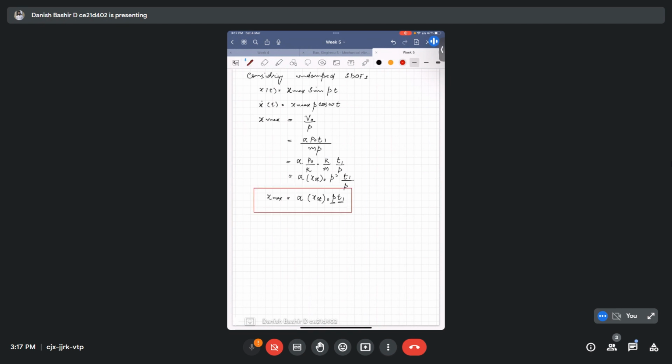So we can clearly see that the time period of the pulse plays an important role, very critical in determining the maximum response.